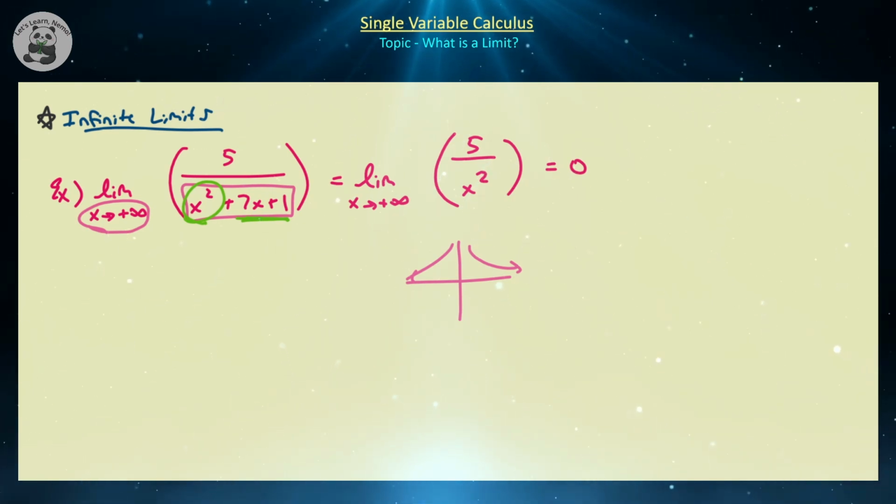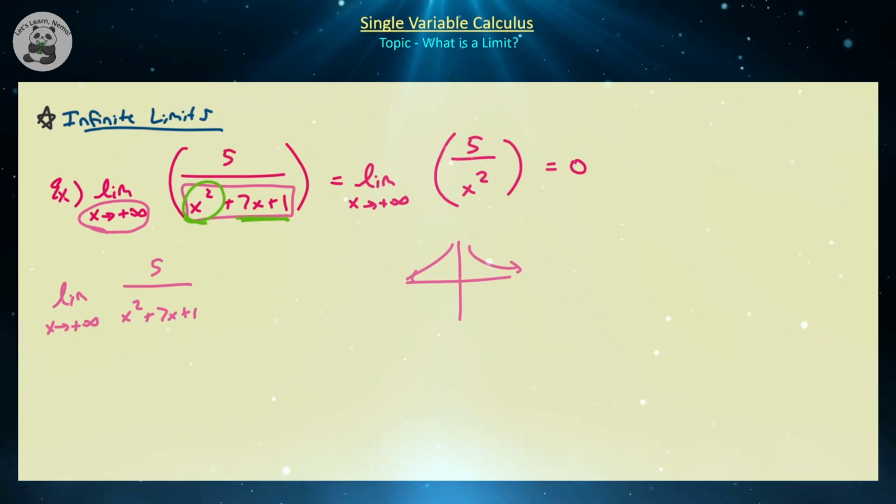Now, some people will try a bit of an algebraic style to this problem. So for example, we can consider the limit as x approaches positive infinity of, again, 5 over x squared plus 7x plus 1. And what they'll do is divide top and bottom by x squared.